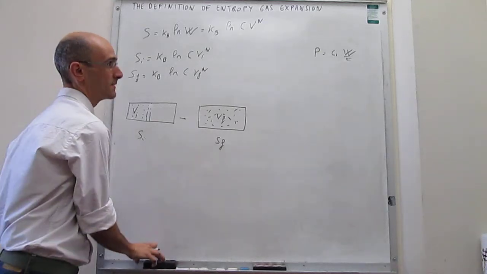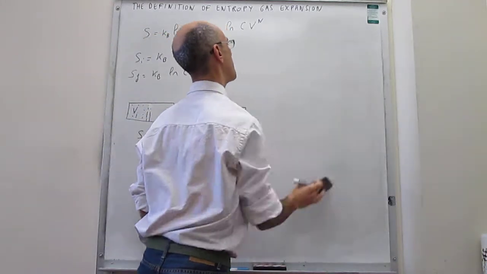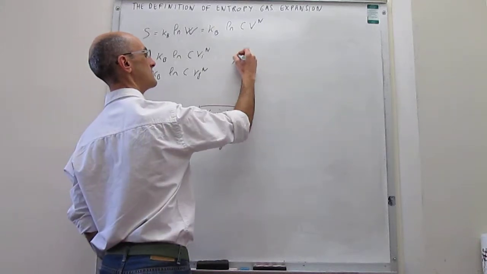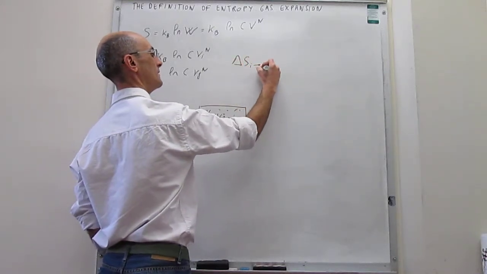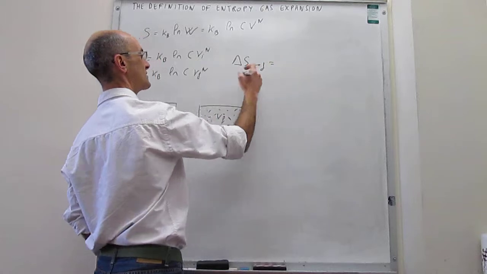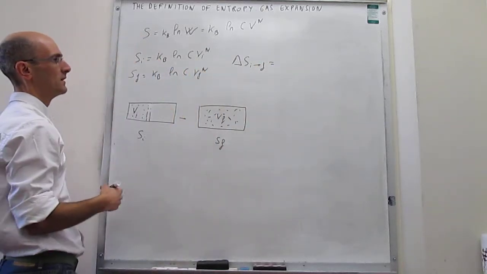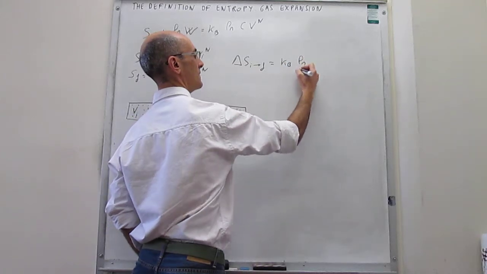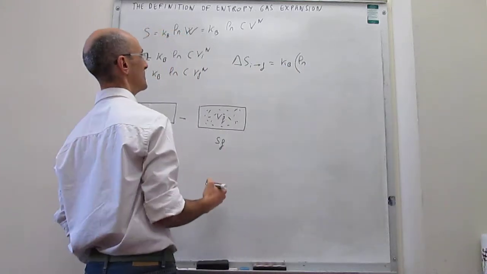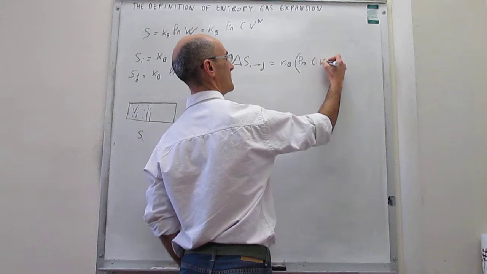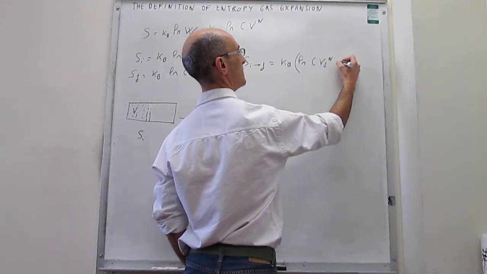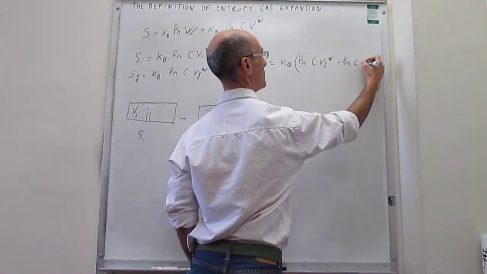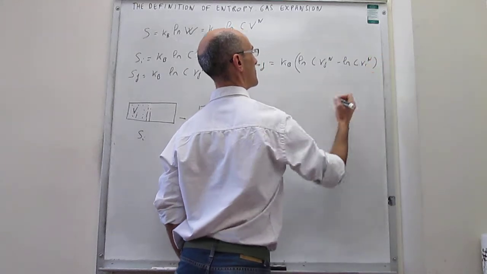We want to calculate the change in entropy. Okay, so this delta S from the start of the expansion to the end of the expansion is just going to be the difference of these two things. Right, so I can take common factor of k sub B, and then that will be the natural log of C V_F to the n minus the natural log of C V_I to the n.